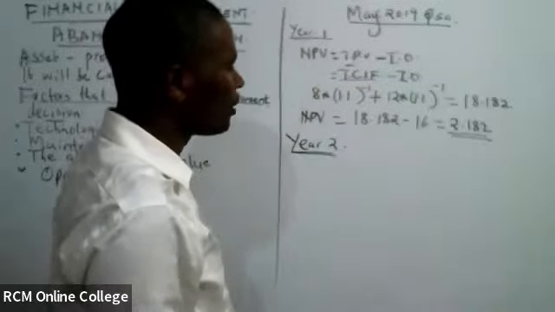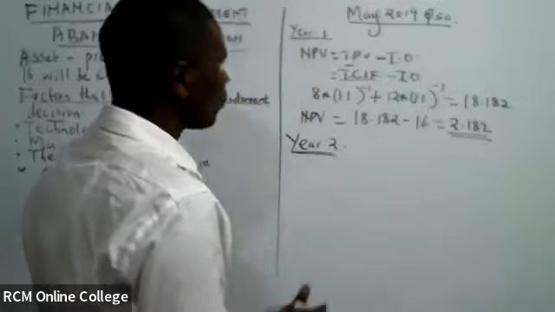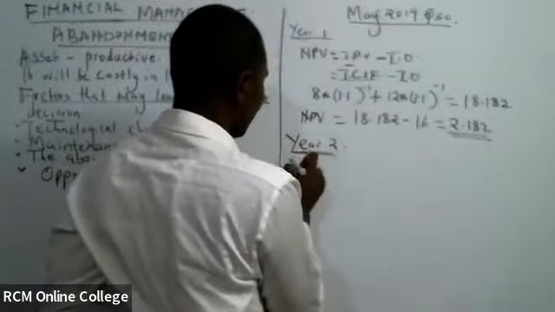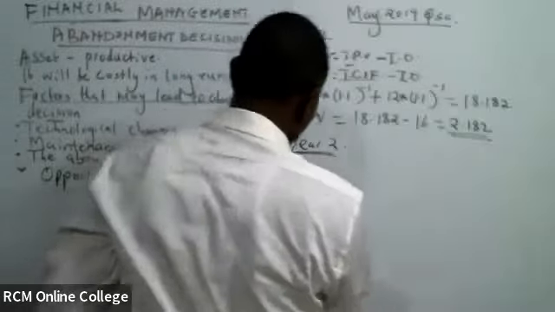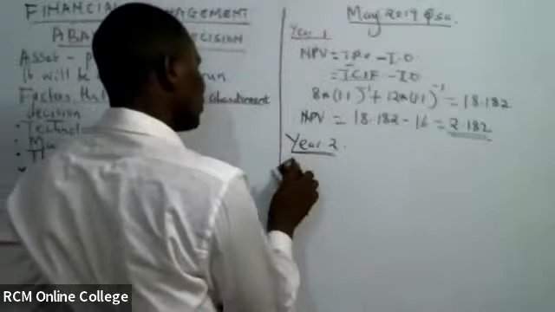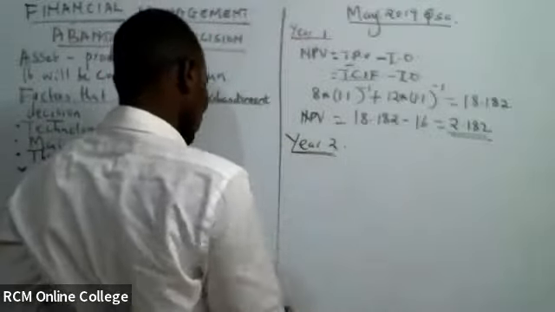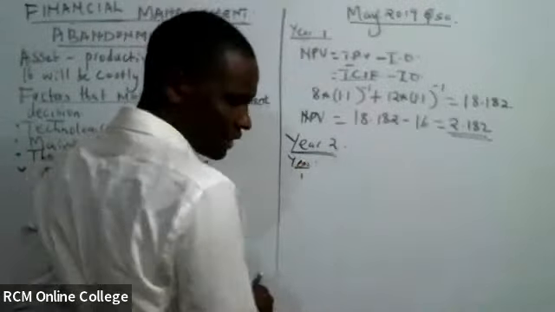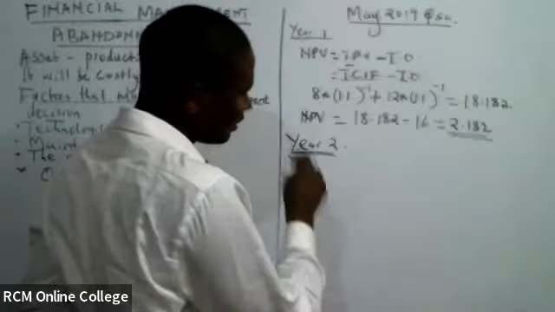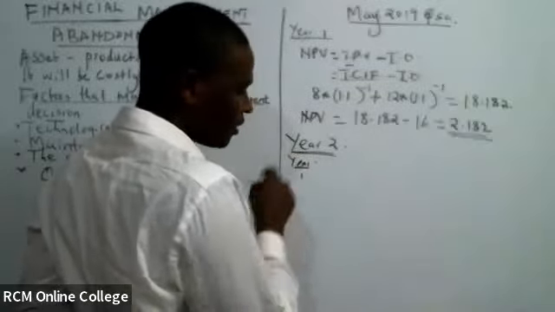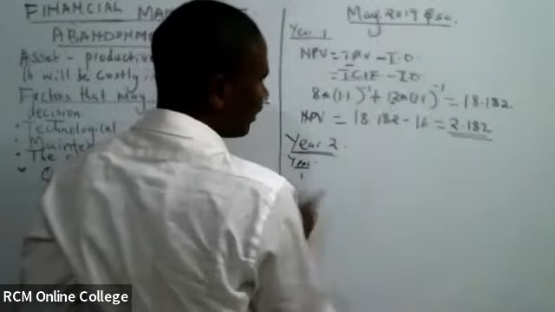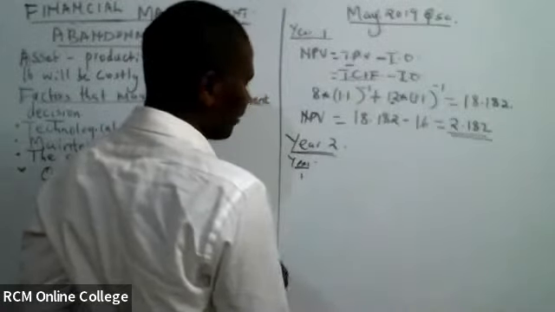Let me arrange it the other way so that it does not confuse you. Year 1 must be included because this is the same project. The only thing that is changing is our abandonment value.